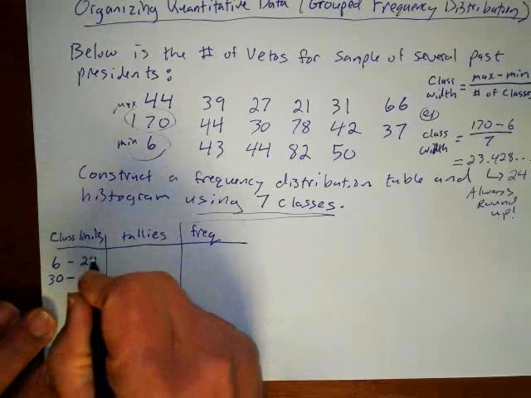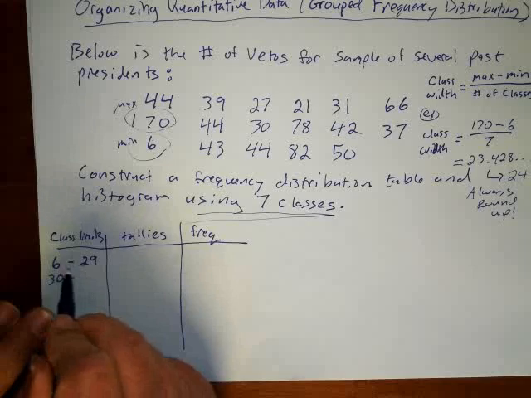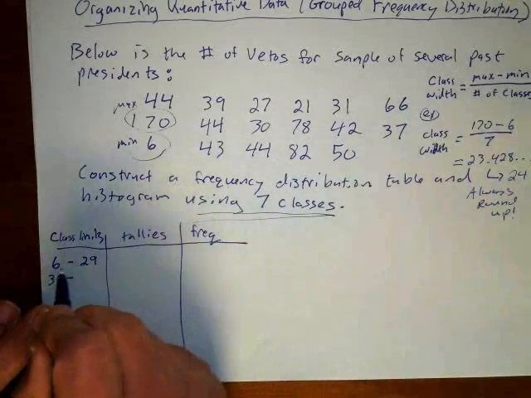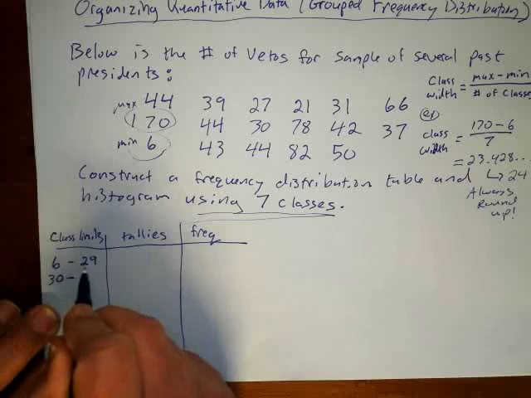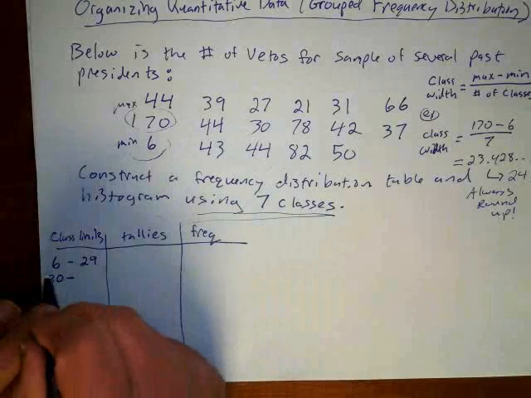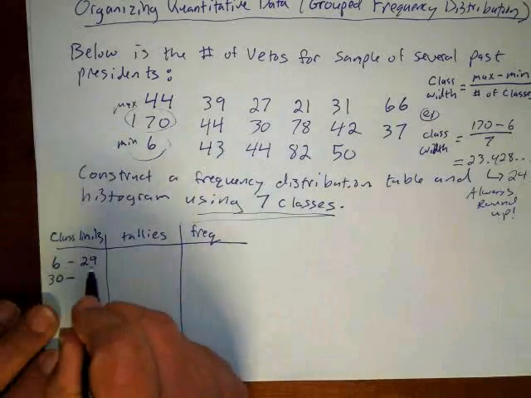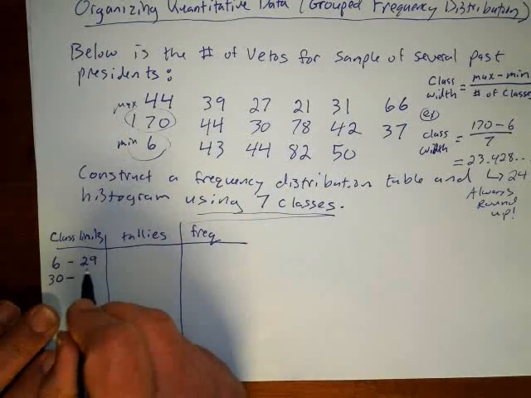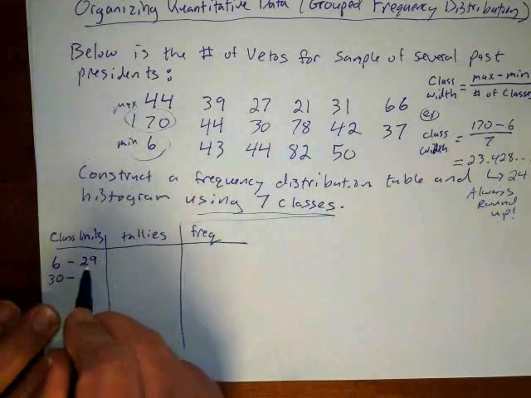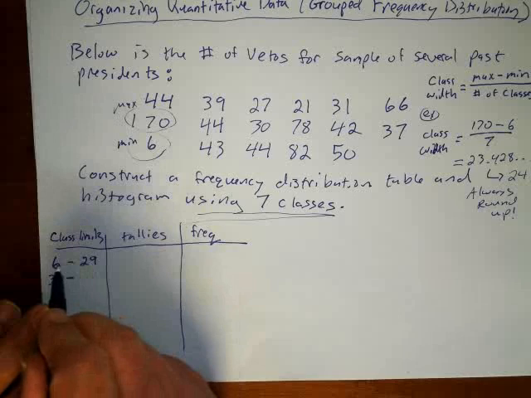Okay? And so now that means this class will have exactly 24 values. In other words, the difference between these is actually 23, but the number of values in the class is 24 because it includes the 6 and the 29 and everything in between. It's a little confusing that your class width is not the difference between the upper and the lower limit.